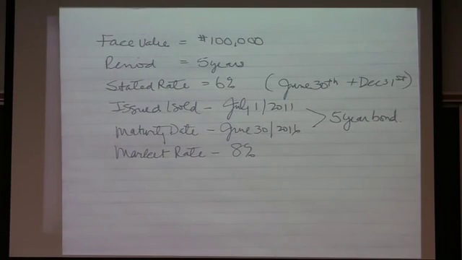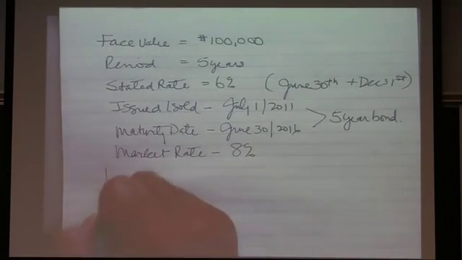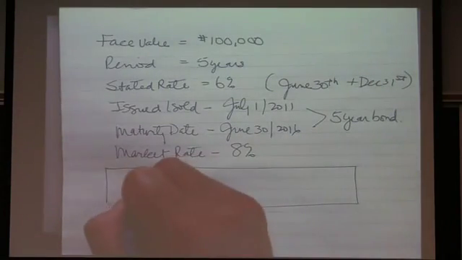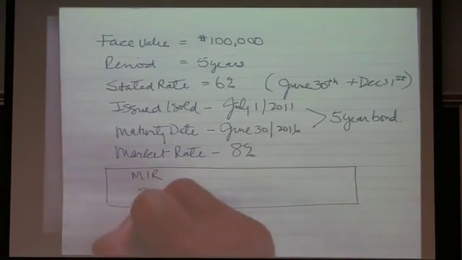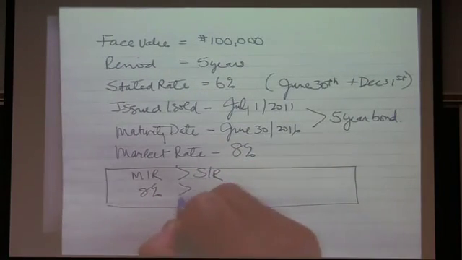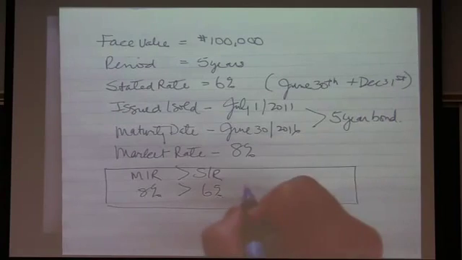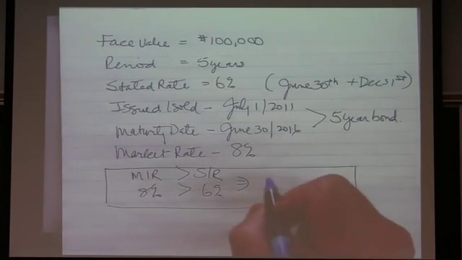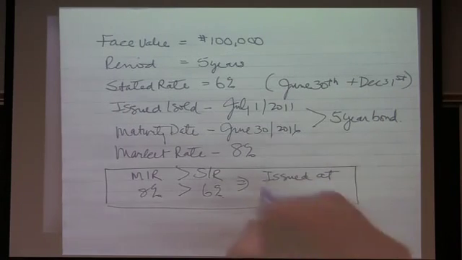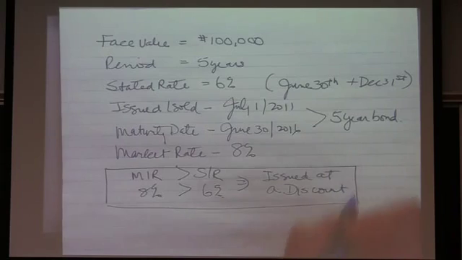So first we need to determine whether the bond is issued at a premium or a discount. And the only way for us to know that is we know that if market rate, which is 8%, is greater than the stated rate, which in this case is 6%, then we know that the bonds are issued at a discount. Now, what does that mean?